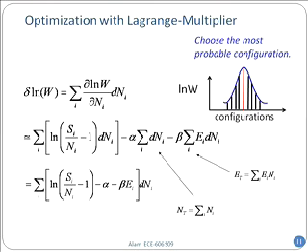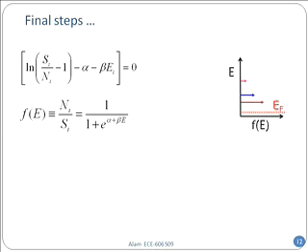Now the whole thing has to be at the maximum point. The whole thing has to be 0. Now if the whole thing has to be 0 regardless of delta Ni, then the term inside the square bracket has to be 0. So if that is 0, do you see that you can immediately transfer it down to the next equation? How do I do that?